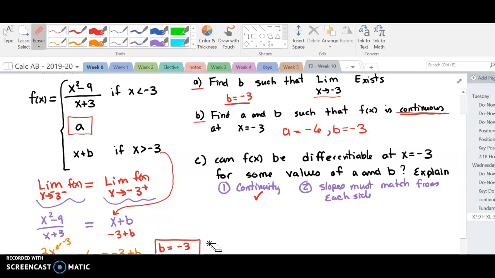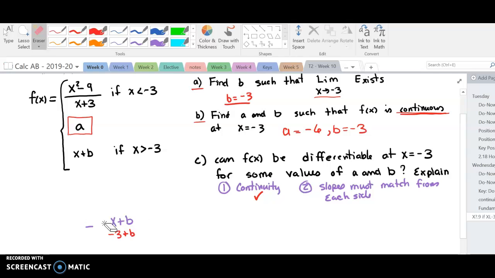To find the slopes, we have to take the derivative on each side. We're taking the derivative of x plus b, because that's the right side. The derivative with respect to x of x plus b equals 1.